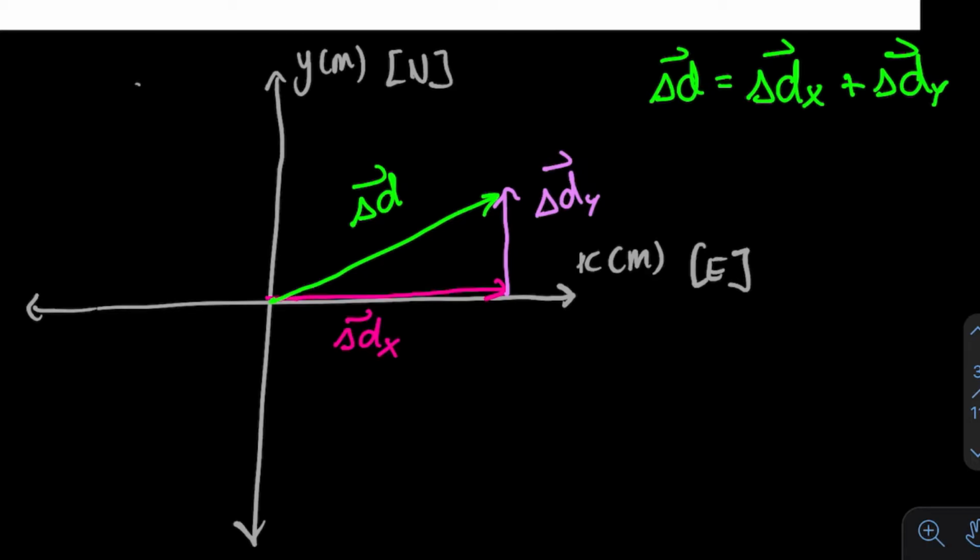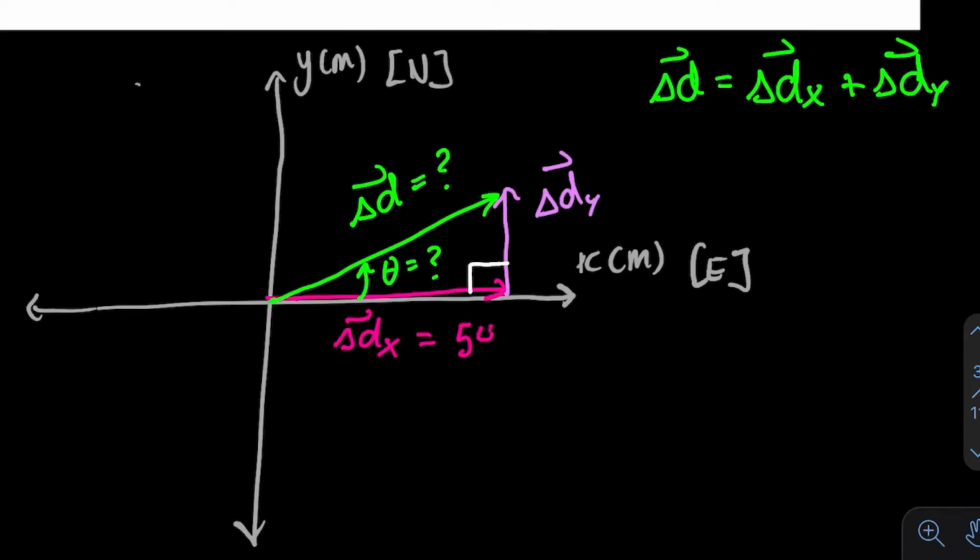And because we are using the rectangular coordinate system, they're going to form a right angle triangle. And in order to get the length of this total displacement, delta d, we could take advantage of the right angle. And because it is a vector quantity, we're also going to have to find the angle theta. So there are two pieces of information we need to find: the length and the direction, because we're dealing with vector quantities.